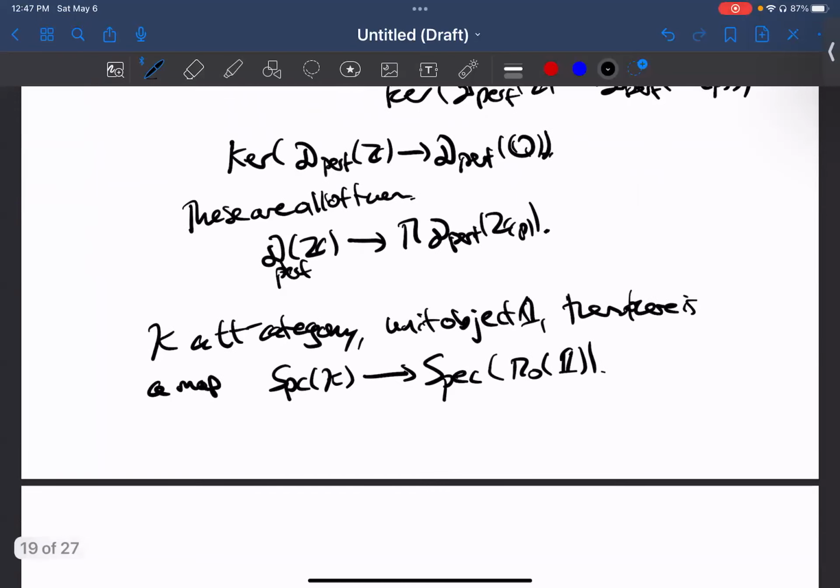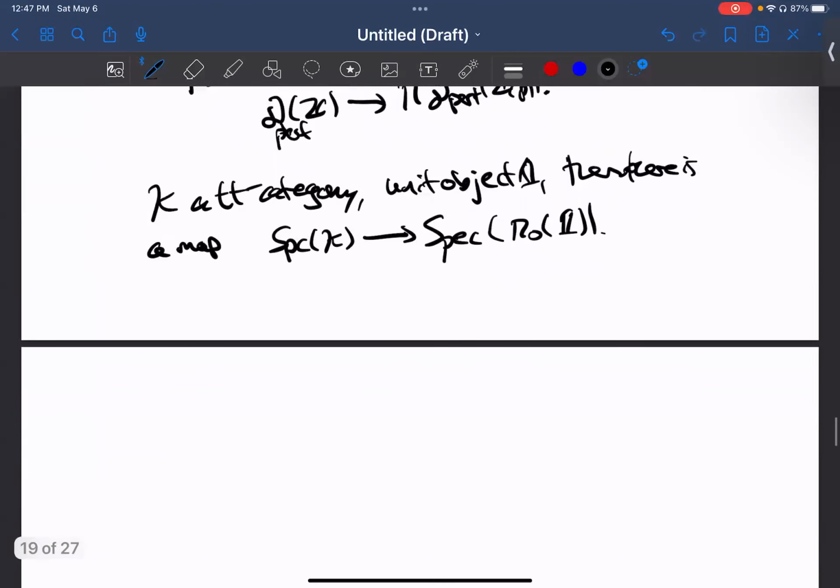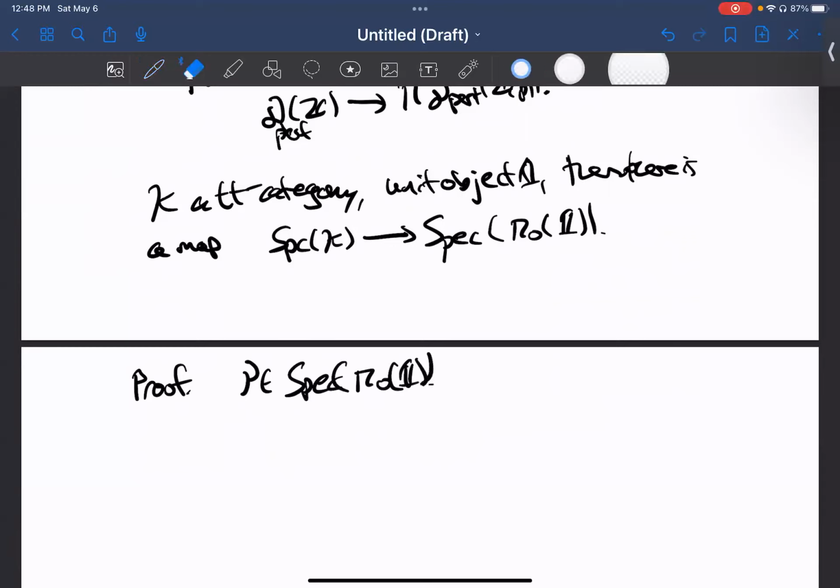And the way we see this is we're going to take, for every prime ideal in the endomorphism of 1, rather, let me do it the other way.